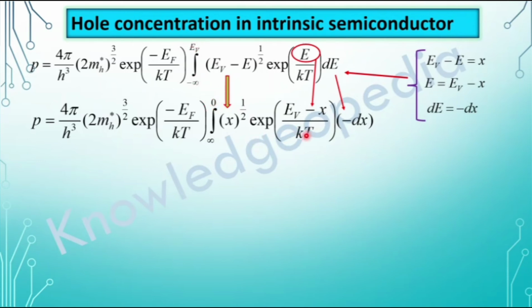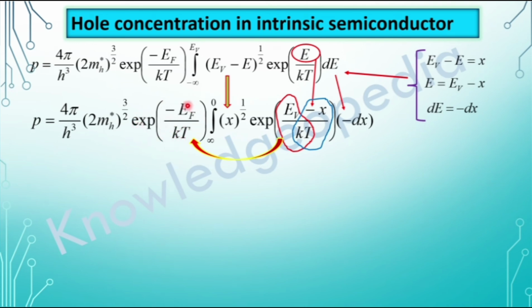Now in this exponential function, again we have two terms, that is exponential EV by kT and exponential minus x by kT. And out of those two terms, exponential EV by kT is a constant because EV, k and T all are constant. So this exponential EV by kT is a constant, and I can combine that with this exponential function outside the integration.